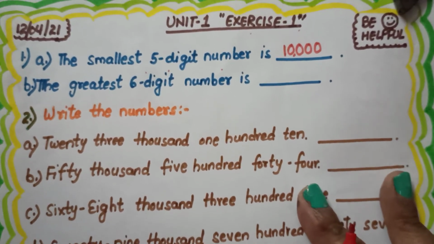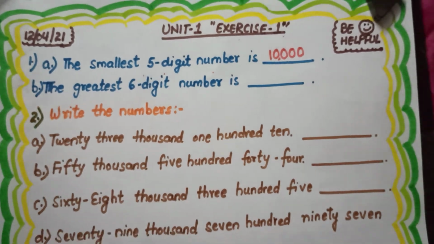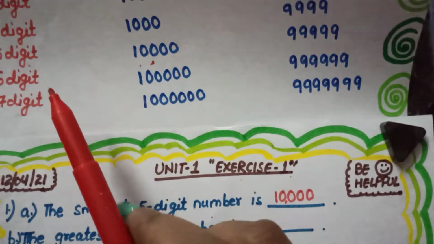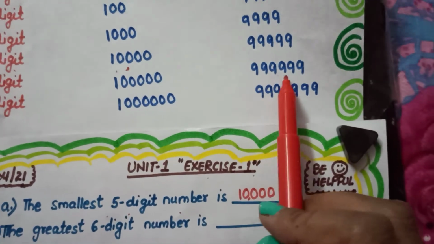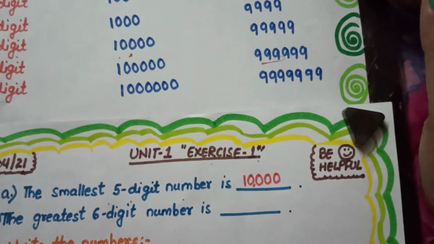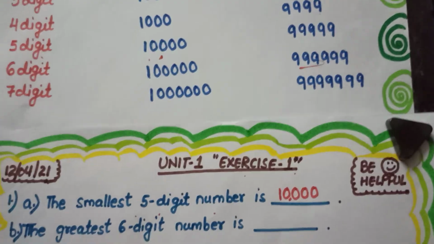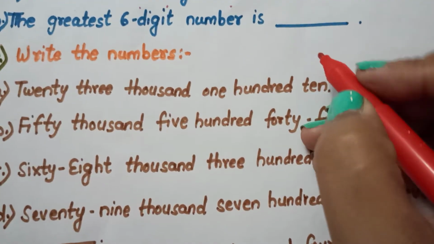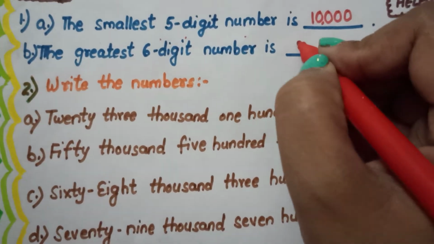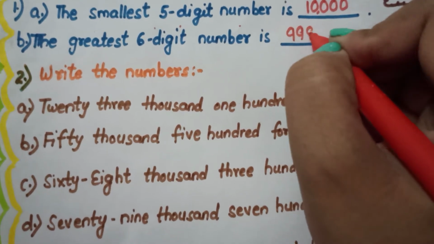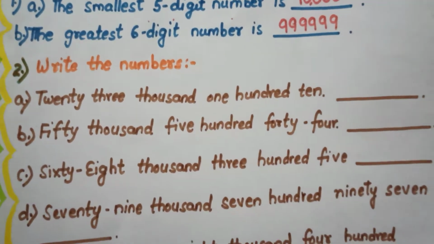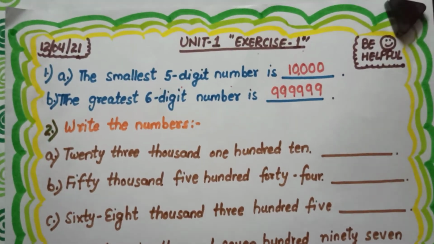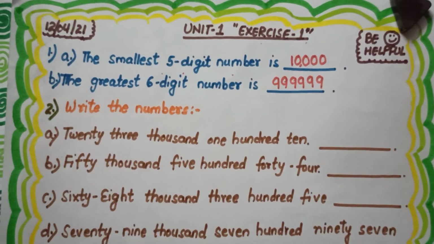Now the greatest 6-digit number. Let us write it down over here: 9, 9, 9, 9, 9 and 9. So this is our greatest 6-digit number.